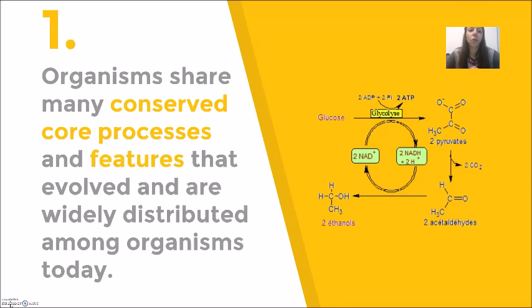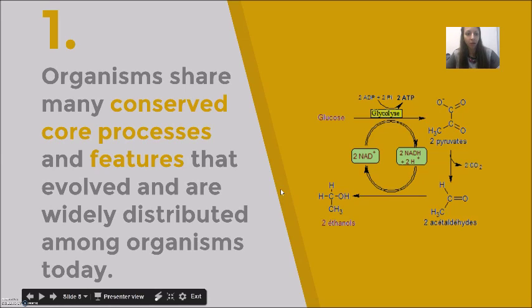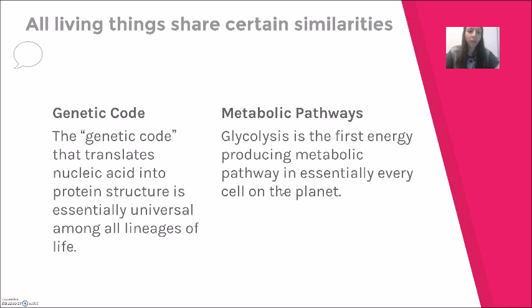We need to understand the fact that organisms share many conserved core processes and features that evolved and are widely distributed among organisms today. So there's a lot of things that are the same in all living organisms. Some of these are metabolic pathways, like glycolysis. Others are DNA and RNA, which we'll talk about in a second. All living things share certain similarities.